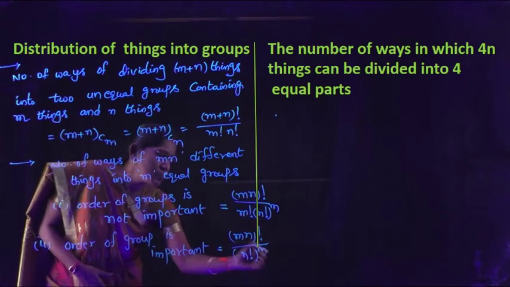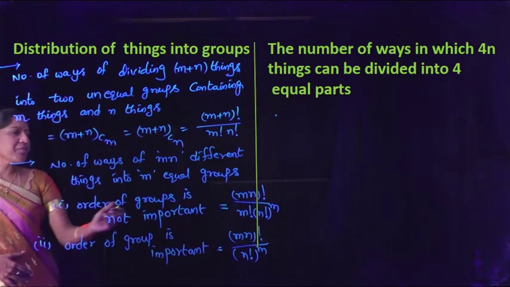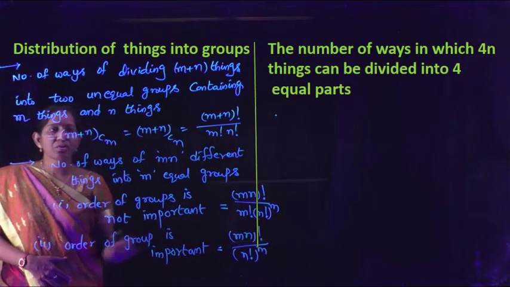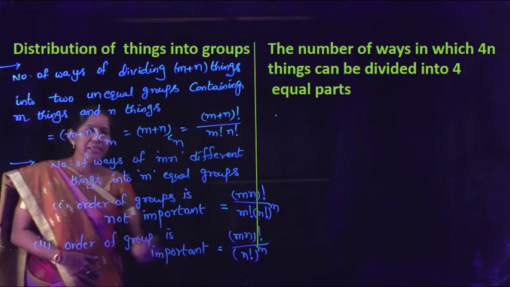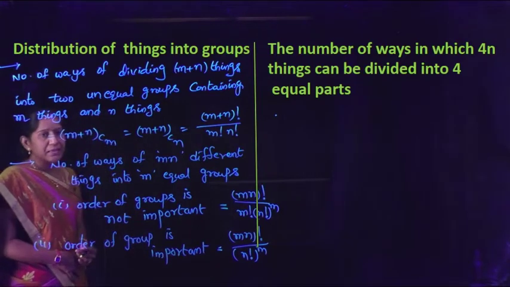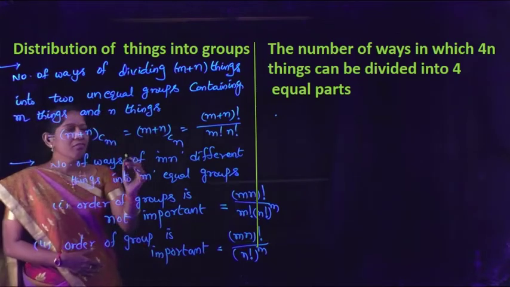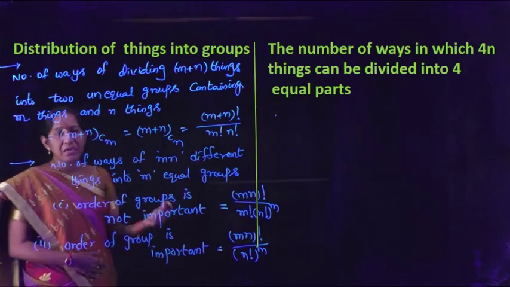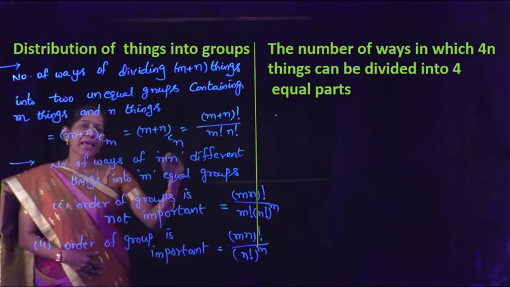Order of groups not important is (mn) factorial by m factorial into (n factorial) whole to the power m. Order of groups is important, that is (mn) factorial by (n factorial) whole to the power m. Number of ways of dividing mn different things into m equal groups, that means each group containing n things.